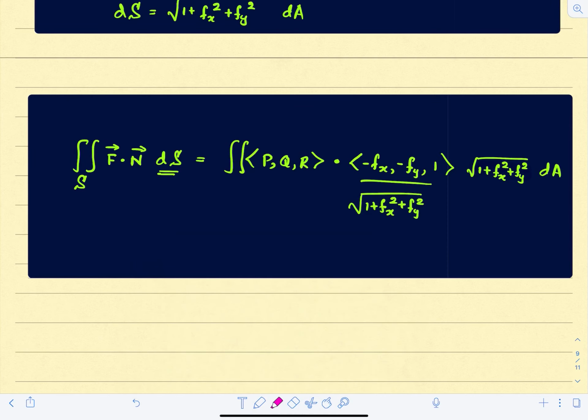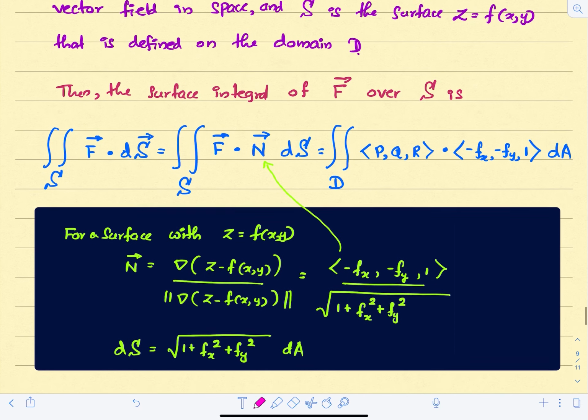Now we can cancel this term with this, and now we have the dot product of two vectors in R3, which equals a scalar, that equals minus P times f sub x, minus Q times f sub y, where Q is the second component of the vector field, plus R, dA over the domain D. Okay, now this is the derivation of the surface integral formula.